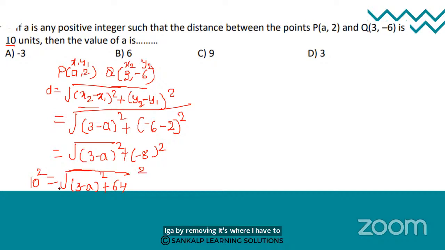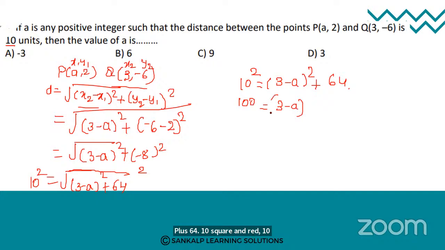If I apply the square, the square root is removed. Then 10 square is equal to 3 minus a square plus 64. 10 square means 10 into 10, it is 100, is equal to 3 minus a square plus 64. 100 minus 64 is equal to 3 minus a square.